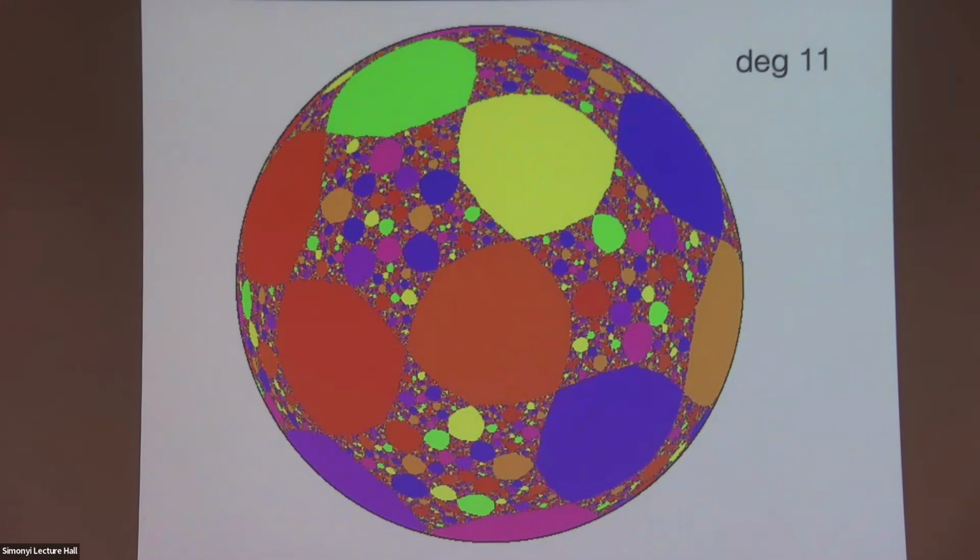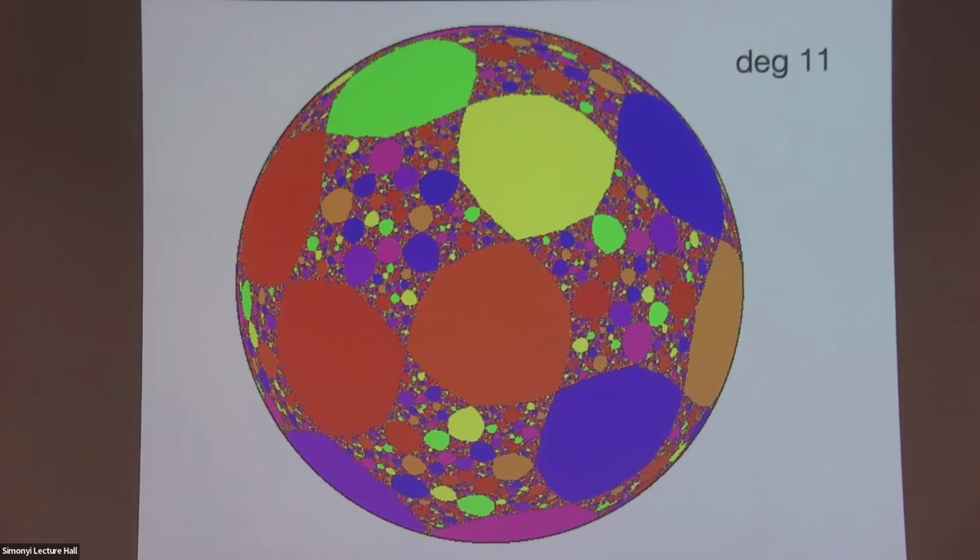And it turns out that if you give me any n points on the sphere, there is a canonical rational map of degree n minus 1. And if those n points are symmetric, this rational map inherits the symmetries of those points. So if you take the 12 vertices of an icosahedron, they canonically determine this degree 11 fractal soccer ball, which shows the dynamics of a rational map with A5 symmetry.